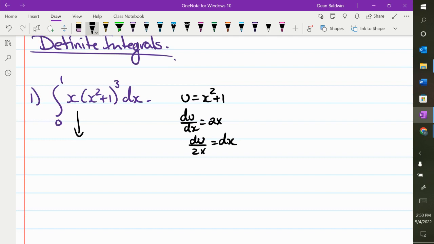So then this integral becomes x times u cubed du over 2x.